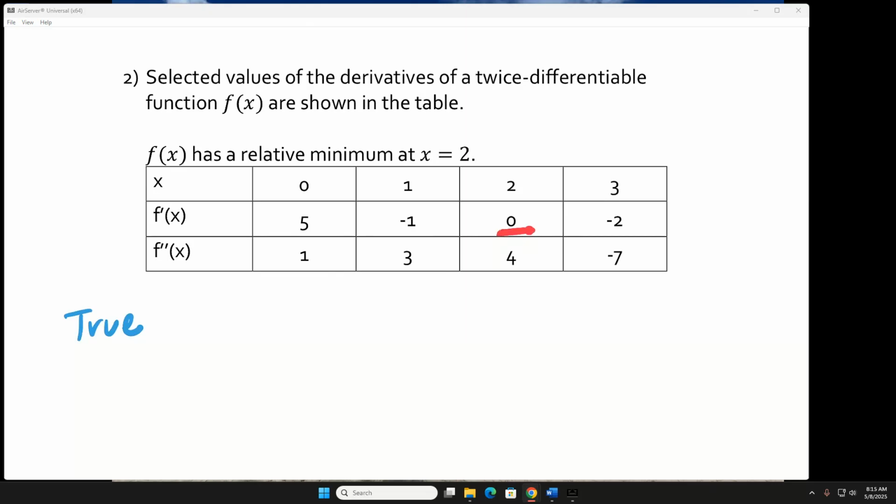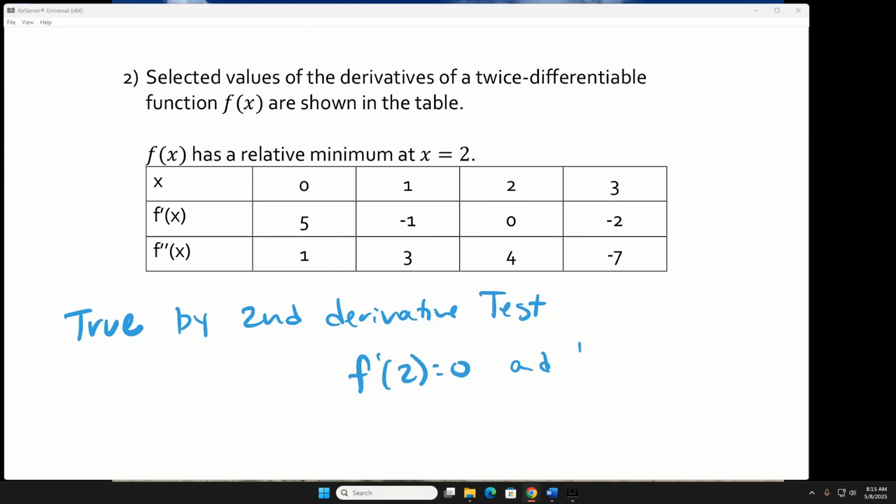We also know that the second derivative is positive, and so it is true by the second derivative test. f prime of 2 is 0, and f double prime of 2 is positive, which means we're concave up, which does create a minimum. All right, there's that one.